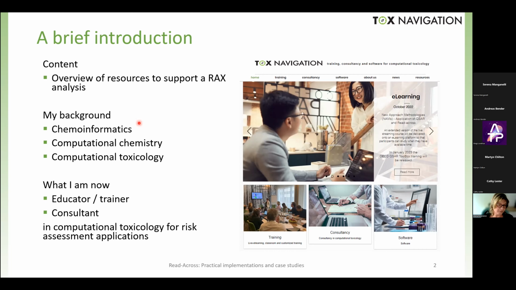Nowadays I am a consultant and I run training courses on the use of computational toxicology for risk assessment. So my approach is very practical, and I built the content of the presentation to give you some basics about read across and an overview of resources, including case studies, that you can use to support your read across analysis if you want to start in this field.